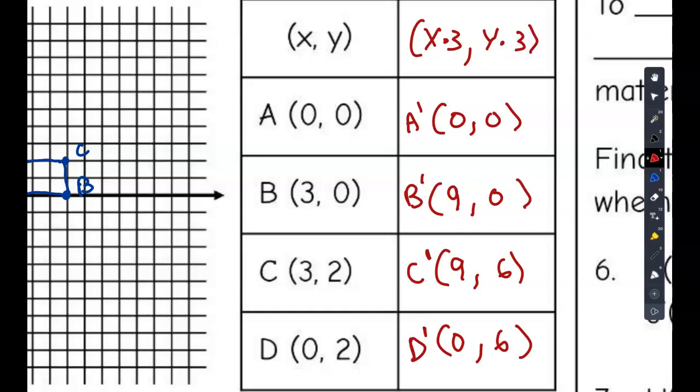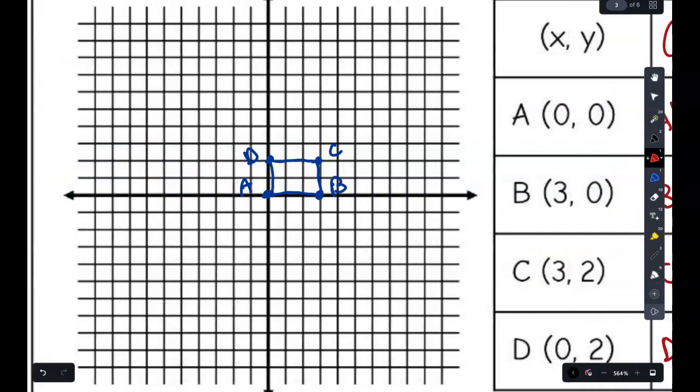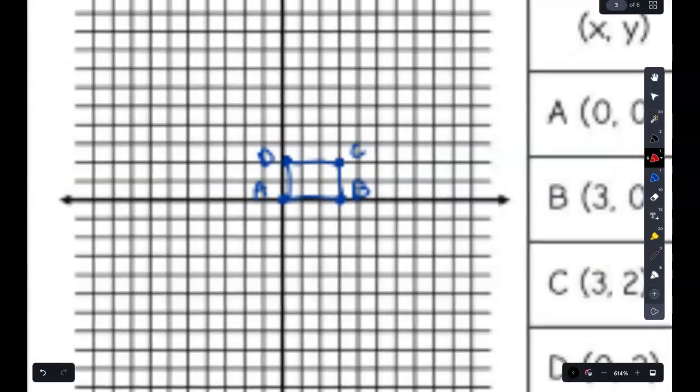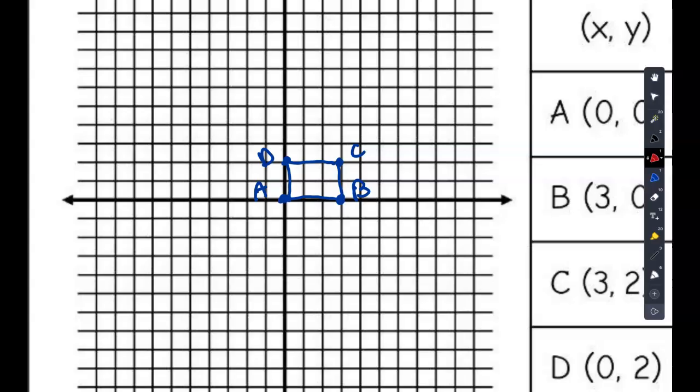All right, now what we got to do is just plot those points. I'm going to start off with 0, 0. It's going to be right there, and that's A prime. And in B, I go over 9 and go up 0. Way out here.